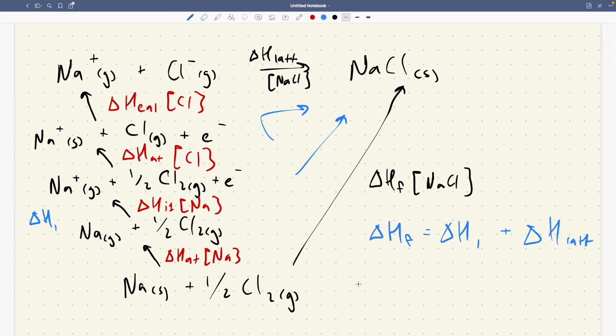So if we want to rearrange that to calculate our ΔH for our lattice energy, we are going to have ΔH of formation minus ΔH1, where ΔH1 is equal to all of those. So that's it as an enthalpy cycle.